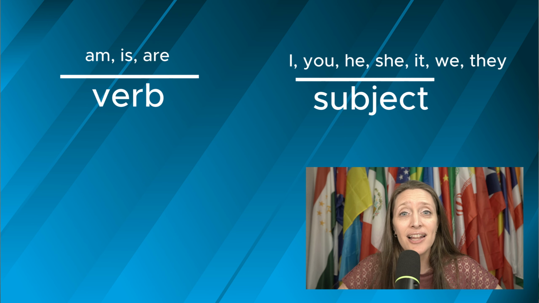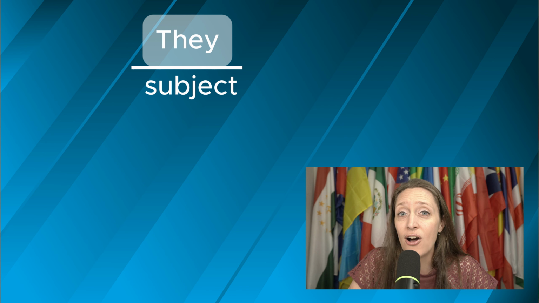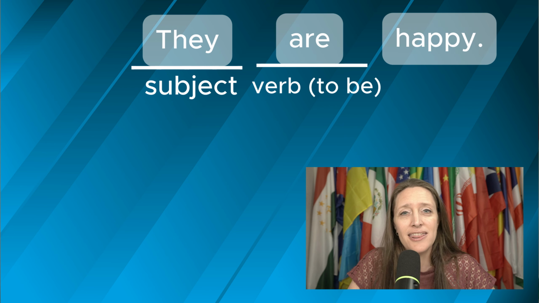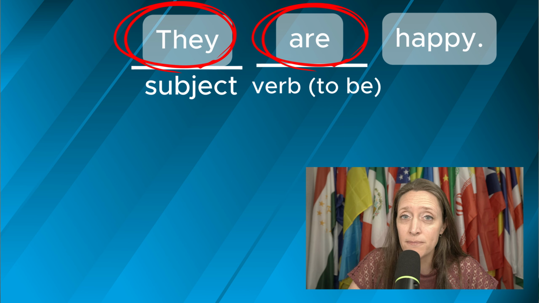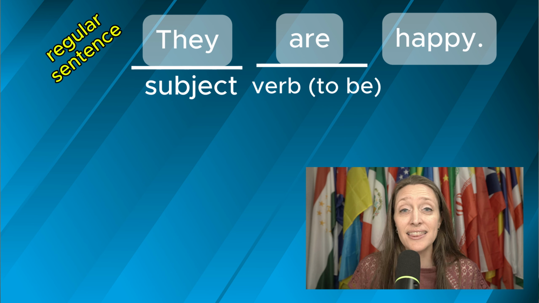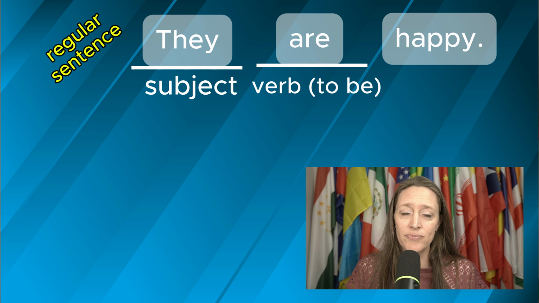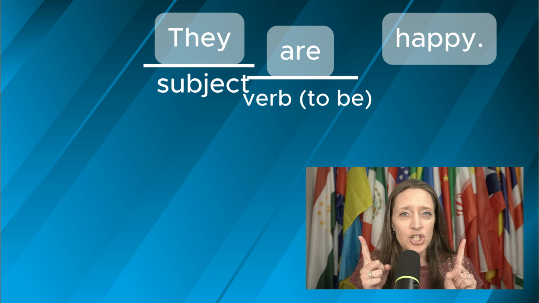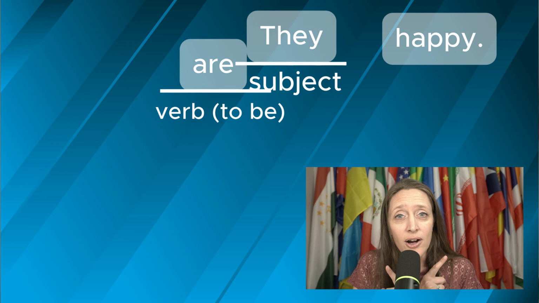For example, let's look at this sentence. They are happy. There's the subject, they, are is the verb to be, and happy. Now, this is a regular sentence. Let's turn this sentence into a question. All we need to do is change the word they and the word are.